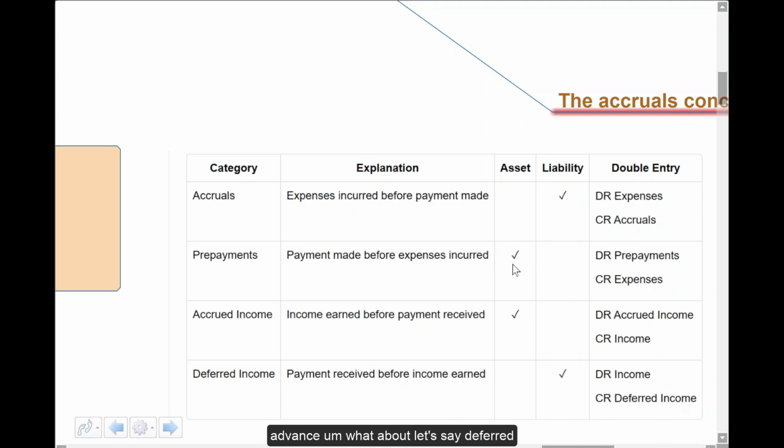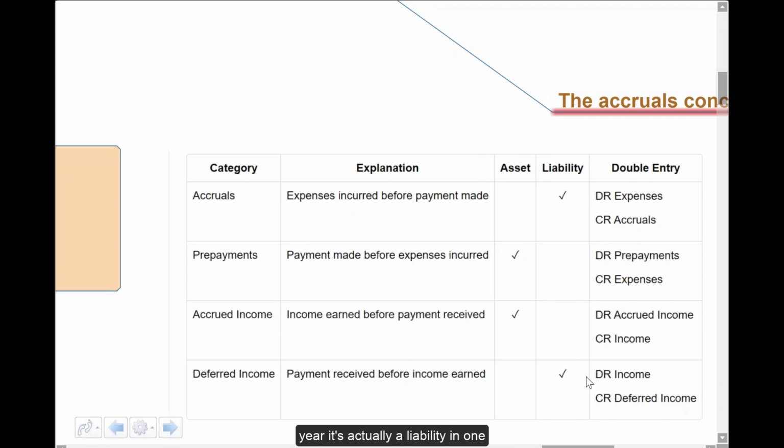paid in advance. What about, let's say, deferred income? Well, as we saw up top, that's a payment received before the income is earned. Now, technically, yes, it's income, but actually it's been received well in advance. So strictly speaking, from a timing perspective, that income is not relevant to this financial year.